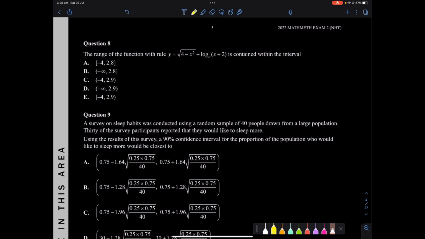So it could only be B or D, because the other ones are below negative 4. And 2.87, it's not B, it's not contained, because the maximum B goes to is 2.8. Our value is 2.87, but this one does not contain it, so it must be D, because it's negative infinity to 2.9. Okay.